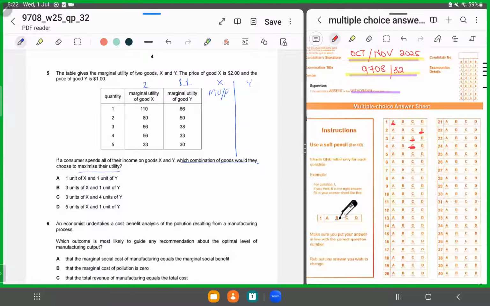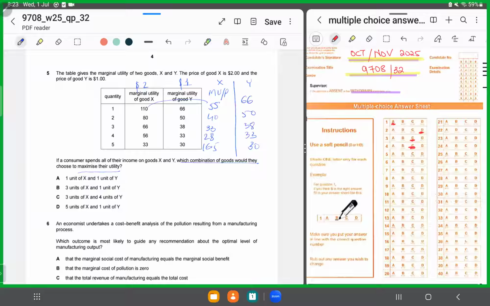When it is divided by 1, it will remain the same. And when we divide by 2, 110 divided by 2 would yield us 55. This would be 40. This would be 33. At 4 units, it's 28. And at 5 units, it's 16.5. Here it would be 30, 33, 38, 50, and 66.